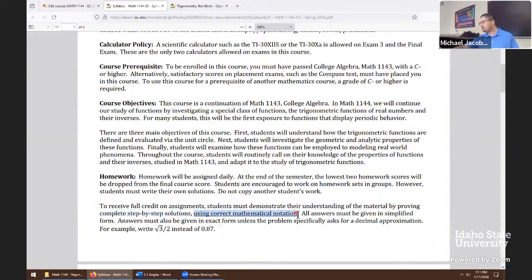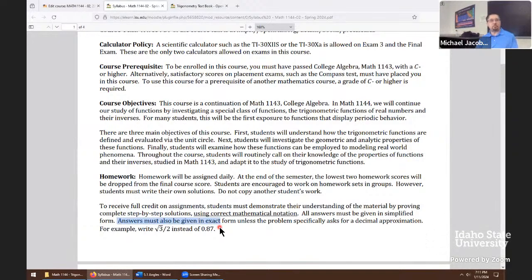You have to use correct mathematical notation, and we'll say what that means each time it comes up, but the idea is we're dealing with functions and function notation, so we can't necessarily say cosine is a number. We'd have to say cosine of some angle using the proper function notation. We'll try to simplify our answers, but we're also going for exact answers.